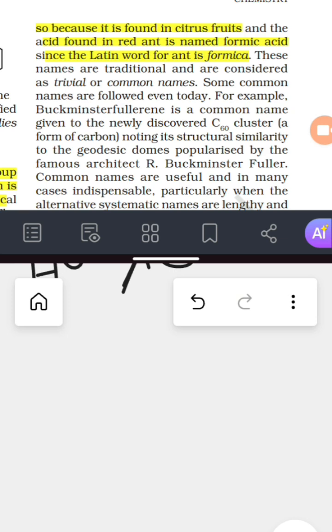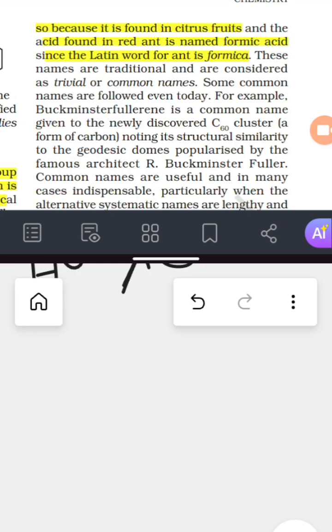Why do we get pain when ants bite? Ants contain formic acid, and when that is injected into our body, we get pain. So the formic acid name comes from ants.